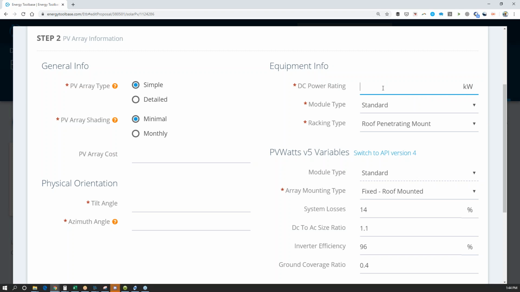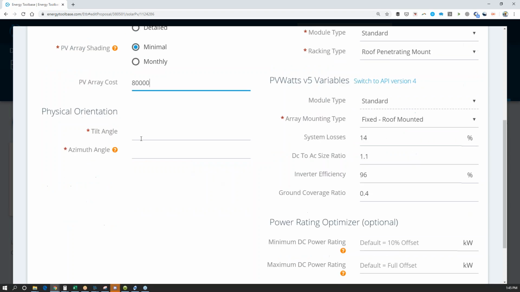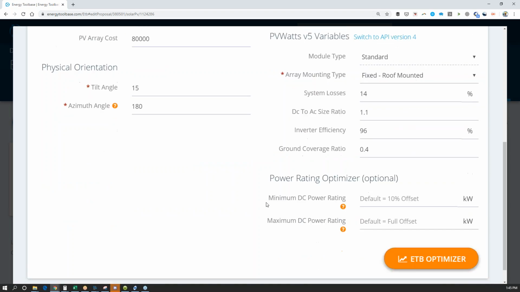And instead, we're going to do an array that's twice as large. We're going to do 40 kilowatts, and at $2 a watt, we'll say it's an $80,000 project. Small tilt angle, small azimuth angle.